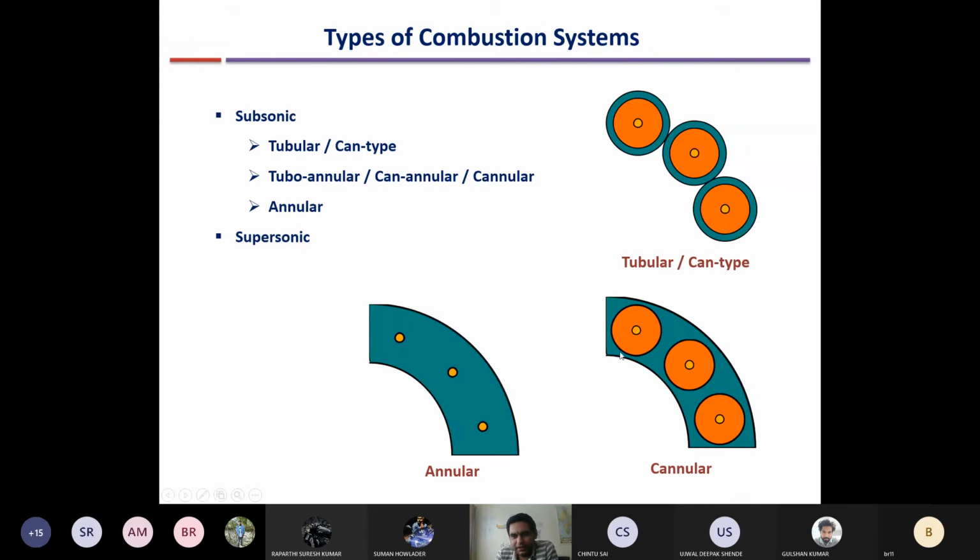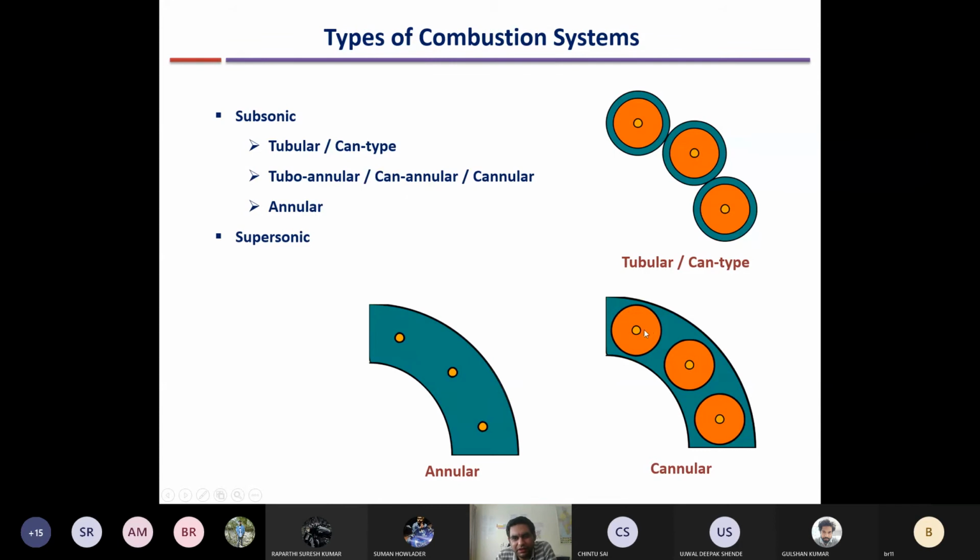Then the second type is known as cannular, where the casing is annular. Casing is annular, but you have separate liners, separate fuel injectors and separate combustion within each liner. But the secondary air can flow between the annular region and mix within it.